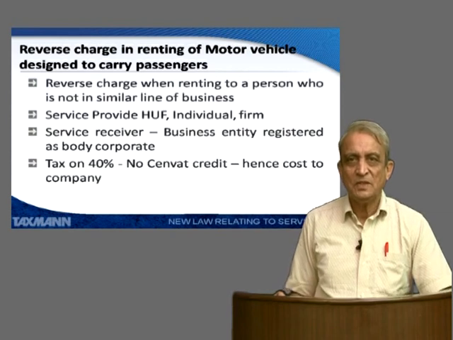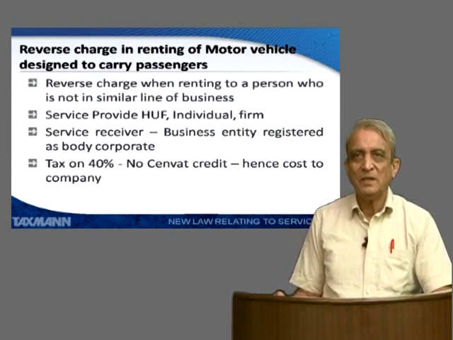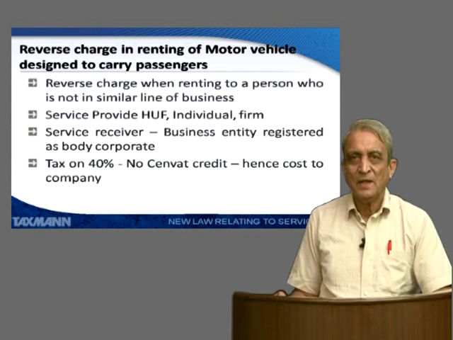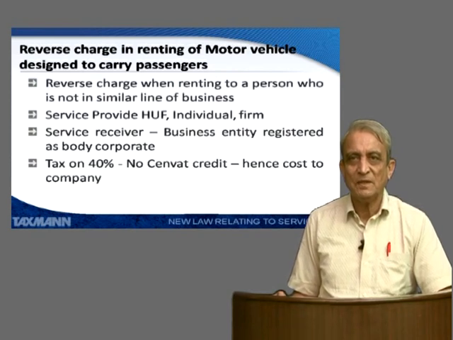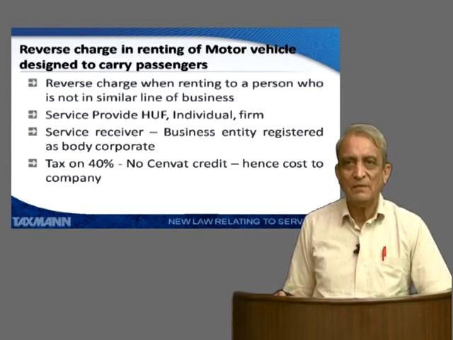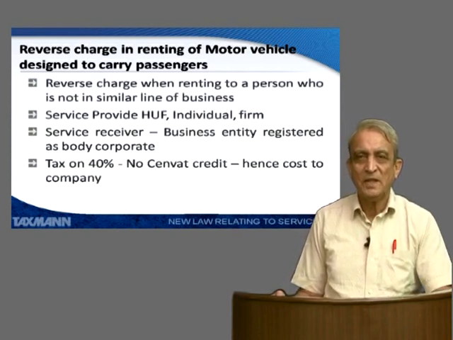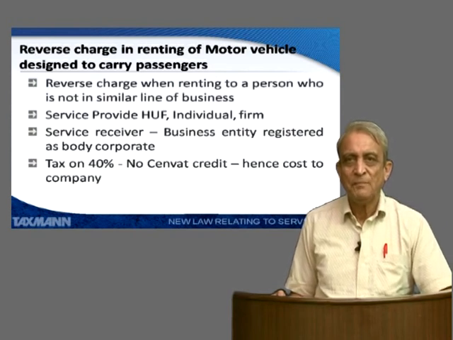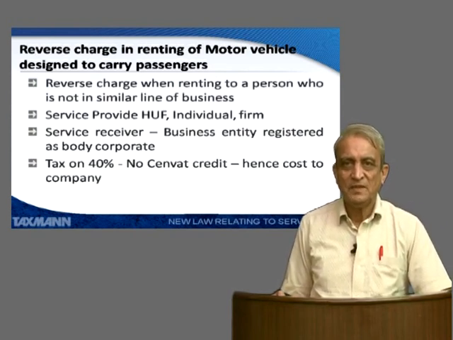In many of the situations, service tax paid on renting of a motor vehicle is not allowed as a Cenvat credit, except in a few cases like insurance companies or motor vehicle manufacturers, etc. Hence, in such cases, this 40% tax actually becomes a cost to the company, because the service receiver cannot avail the Cenvat credit.